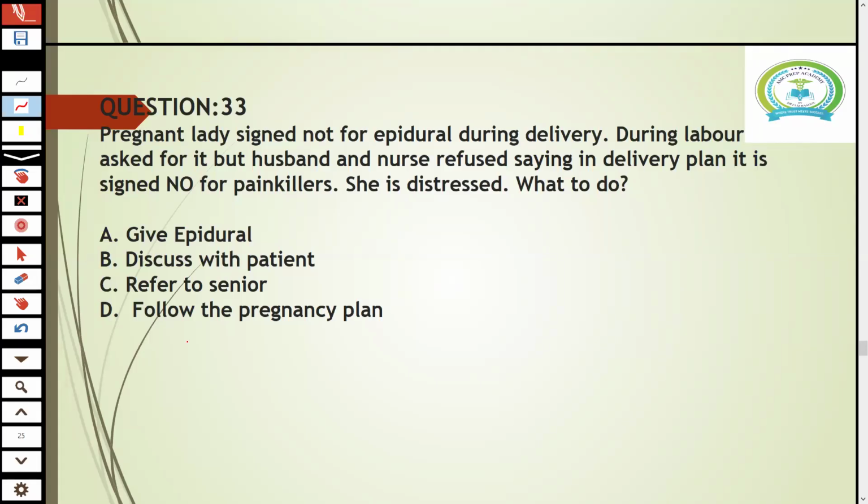So most of you are with patient autonomy. Okay, the patient is in distress. Now what will you do? You will discuss or give, because previously the patient has refused the epidural.